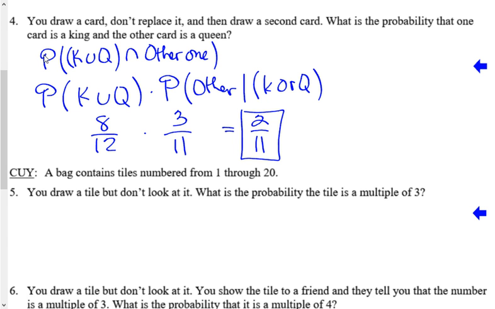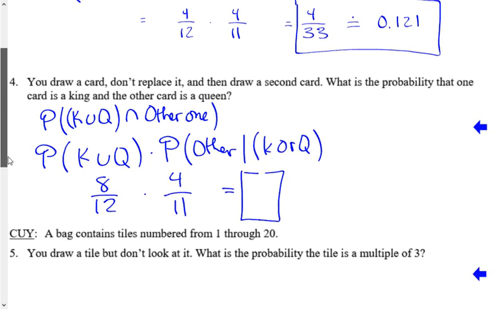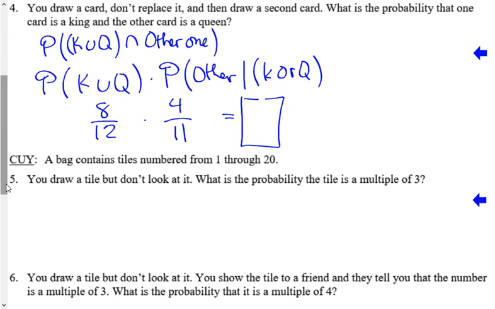So that was a good correction. Thank you. I will give you a candy for that. We'll fix this. So whatever one I picked first, I didn't pick, so there's still 4 of those out of the 11 left. Okay. So this should be, what was this last one? 4/33. So I think this will be 8/33.